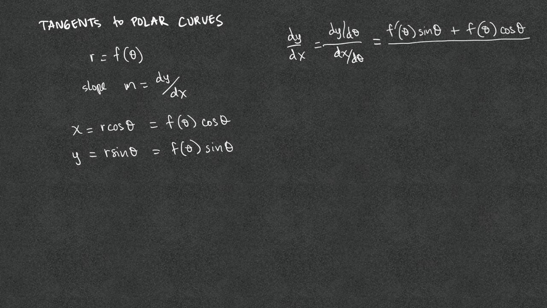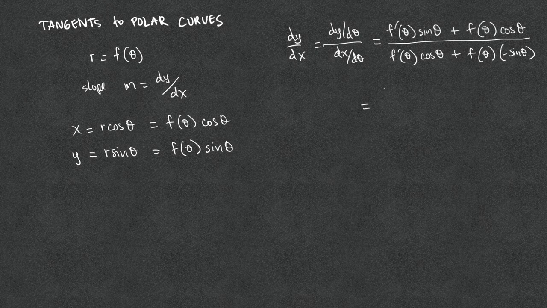Over dx d theta, which is the derivative of x with respect to theta, we also use the product rule. The derivative of the first is f prime theta times the second factor cosine theta, plus keep the first factor f of theta times the derivative of cosine theta, which is negative sine theta.